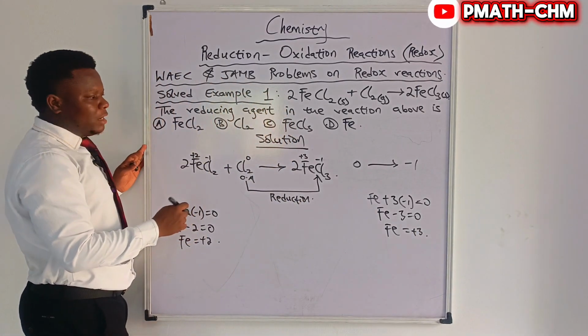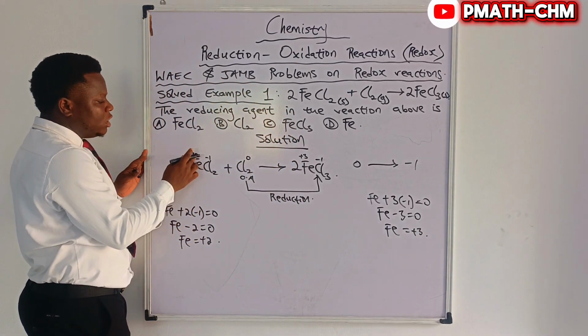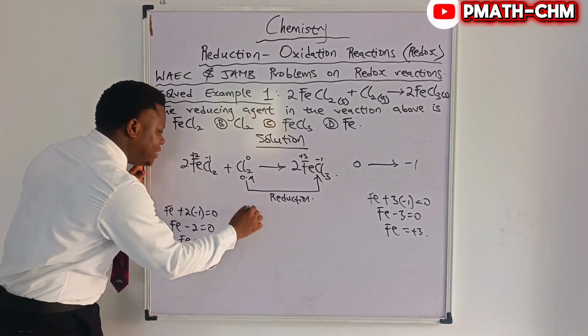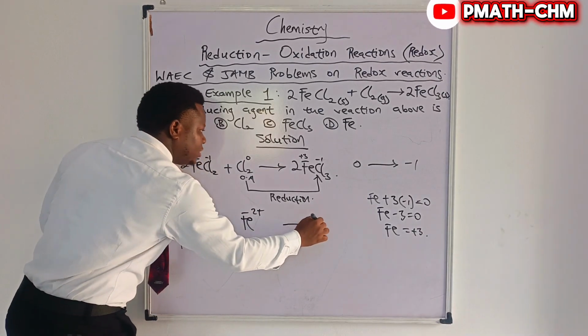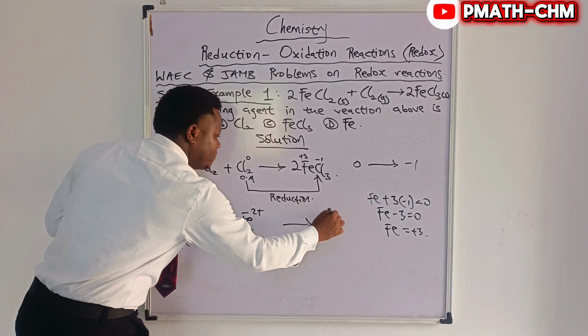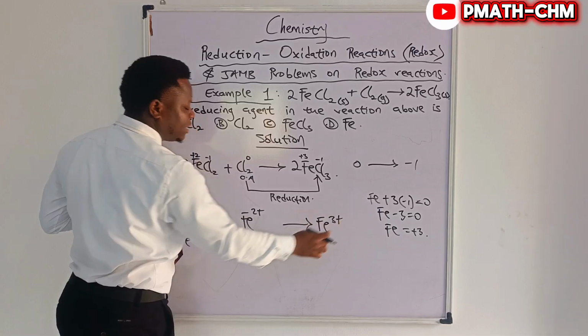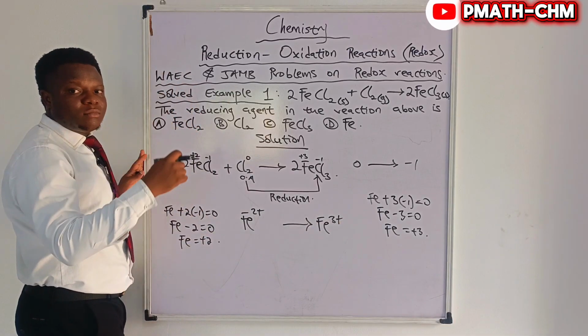Now, what do you notice about iron? The oxidation state of iron on the reactant side is +2, and on the product side it is +3. So the change in oxidation number is from 2 to 3. That's an increment.